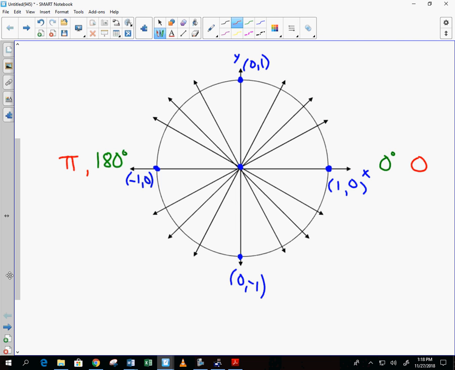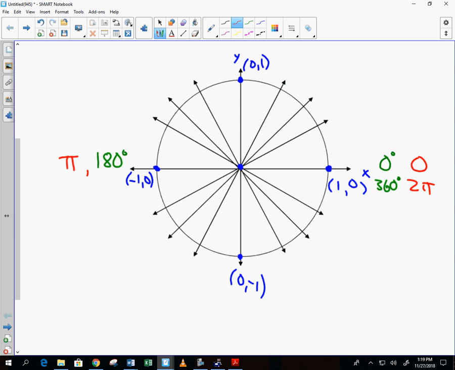If there are pi radians in 180 degrees, how many are there in 360 degrees? 2 pi. If there are pi radians in 180 degrees, there will be twice as many in 360 degrees. Everybody agreed?